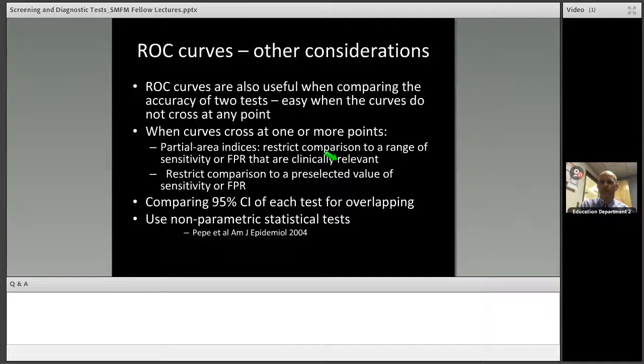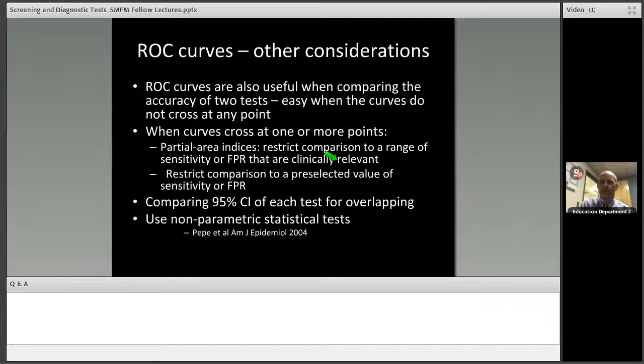The 95% confidence interval of the area under the curve from each of these ROC curves can also be compared. And if they appear to be overlapping, that is an easy way of saying these tests are not significantly different. And if they are not overlapping, then you could say one of the tests is superior to the other. That's, again, without using any statistical comparison.